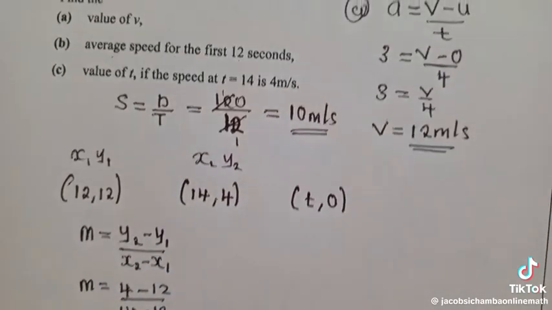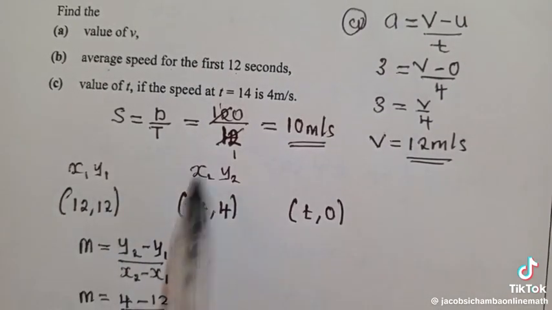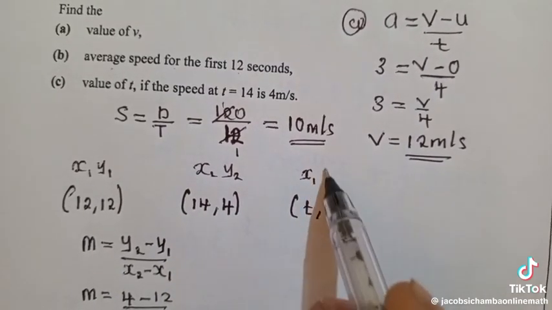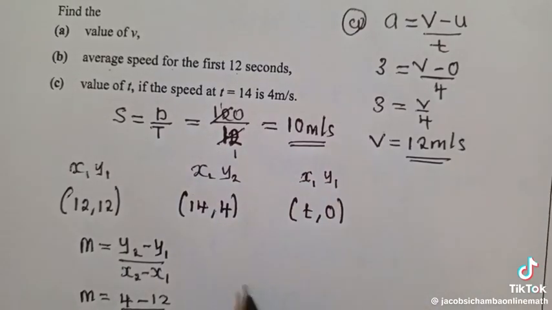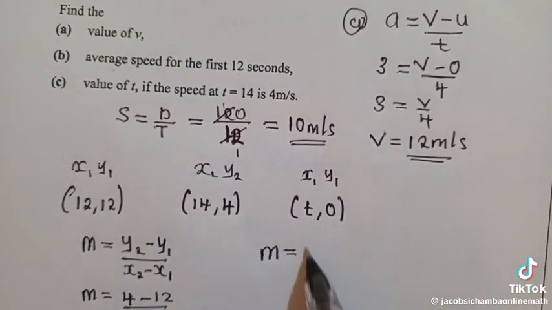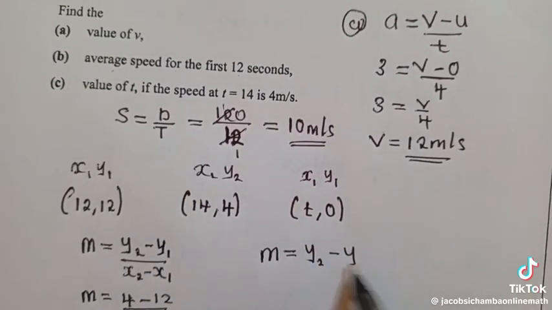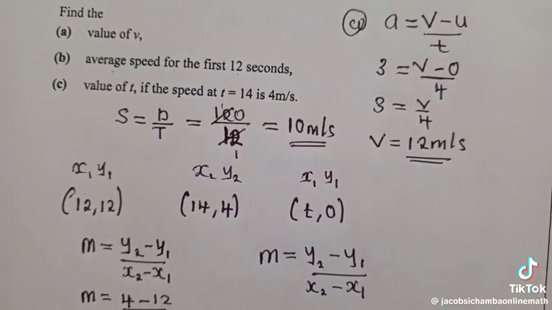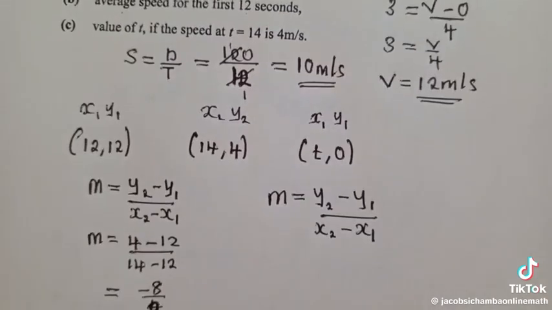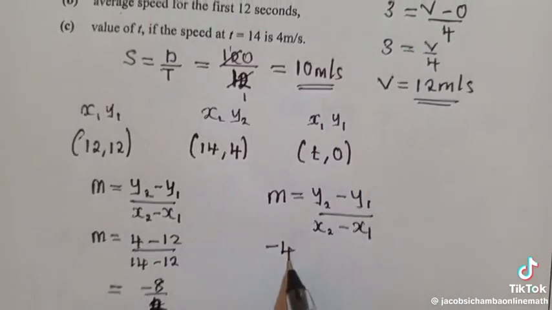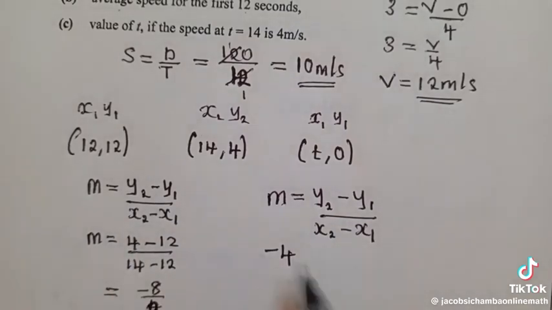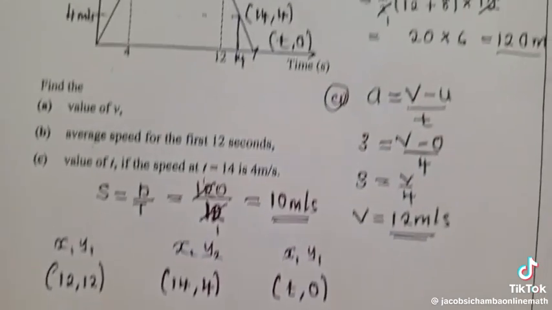So we will use this same deceleration again. This time around we'll change. Instead of using this, we'll use this set of coordinates with this. So this will be my x1, y1. So now using the same formula, I'm going to substitute my negative 4 where m is, because I found m to be equal to negative 4. So this is a deceleration, so retardation.